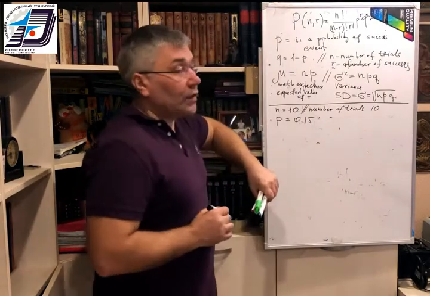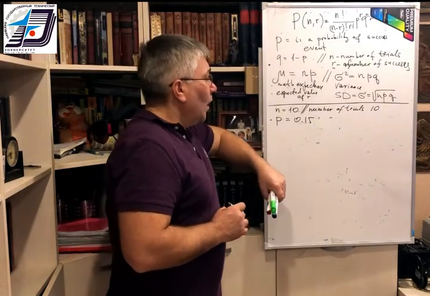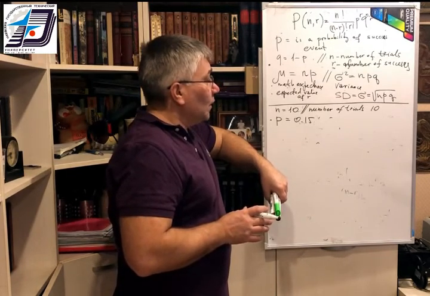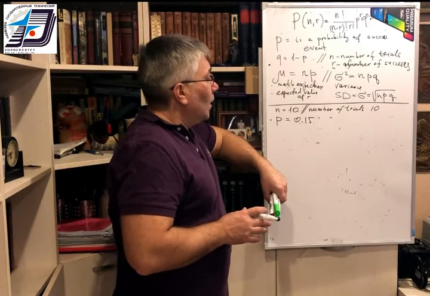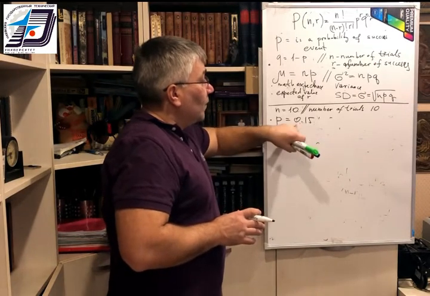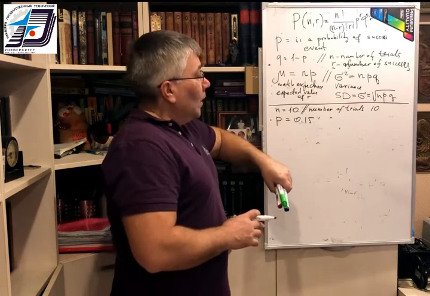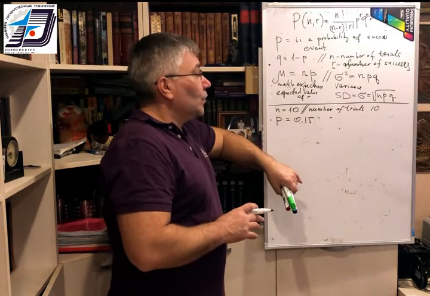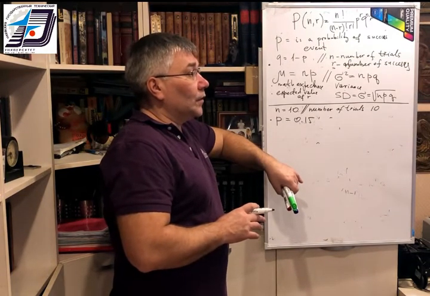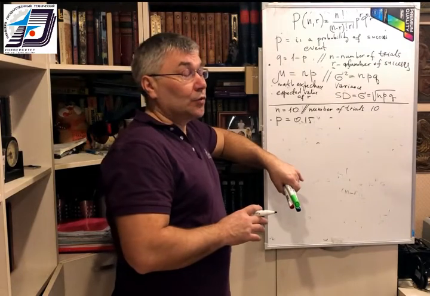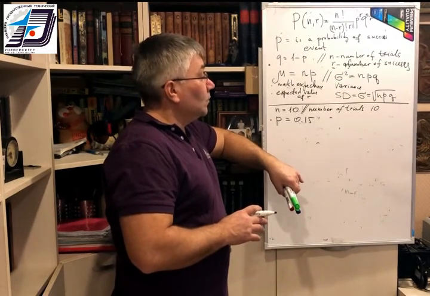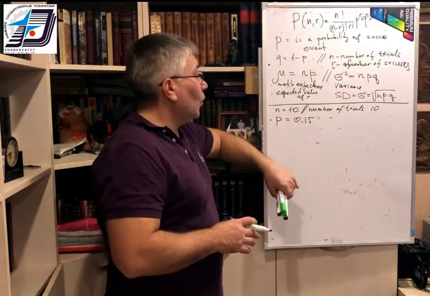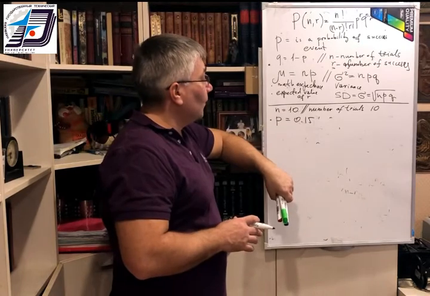For example, you have a very unfair coin, and I don't know how they did it, but this coin gives heads with probability 0.15. If it were a fair coin, it would have the probability to show the head side 0.5. You understand it? But here we have a very unfair coin, and it has probability 0.15.